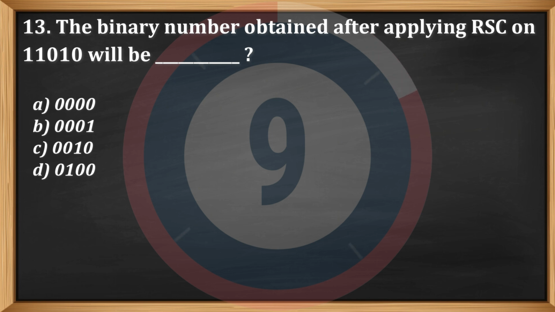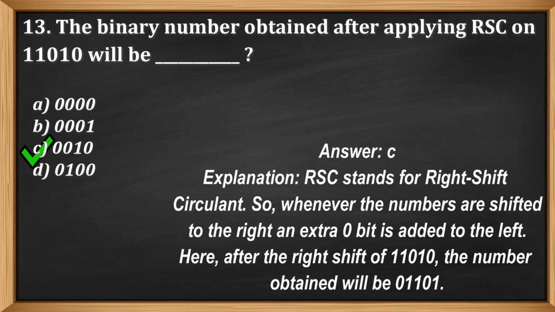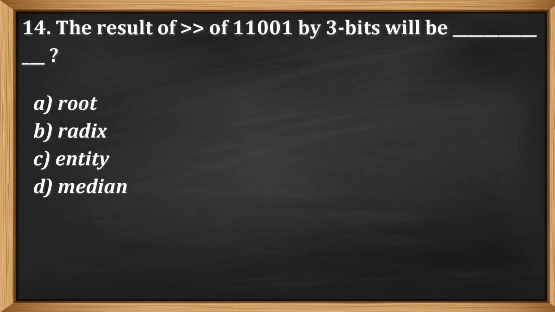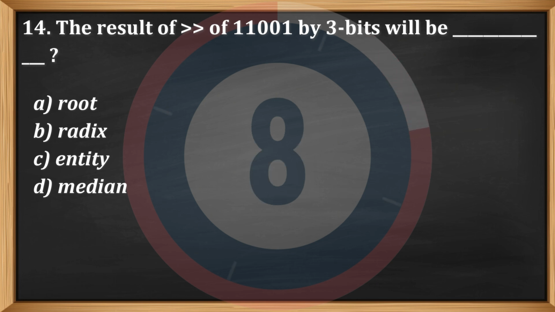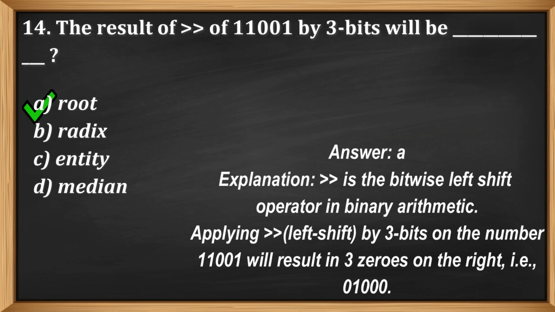The binary number obtained after applying RSC on 11010 will be option C, 0010. The result of left shift of 11001 by 3 bits will be option A.